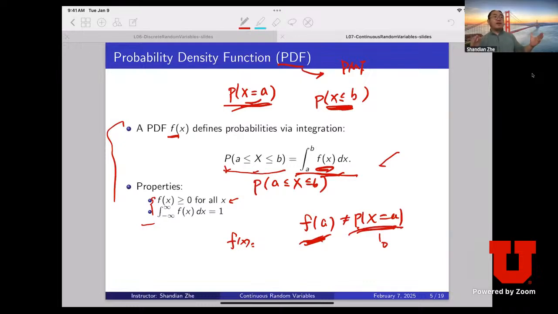The PDF gives a good representation of the whole probability, such that for any event represented by a range, it can be calculated through the integration of the PDF function in this range. That's the definition of the PDF. Any question?